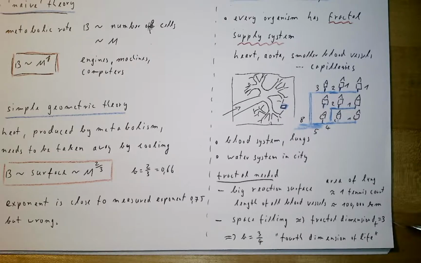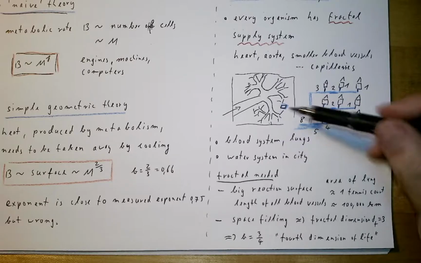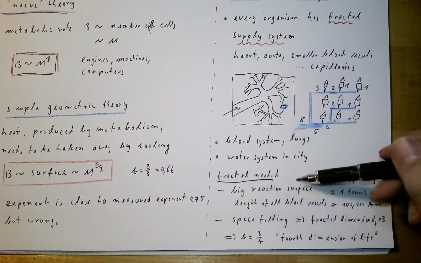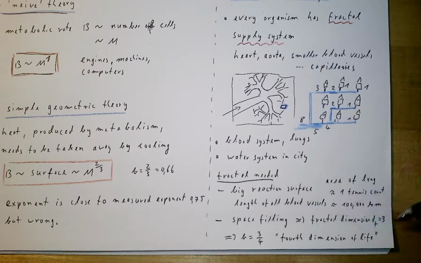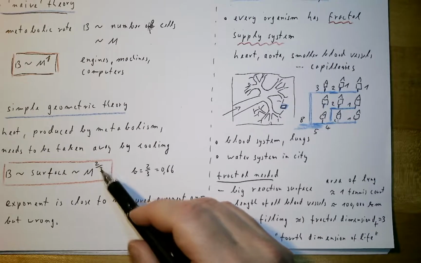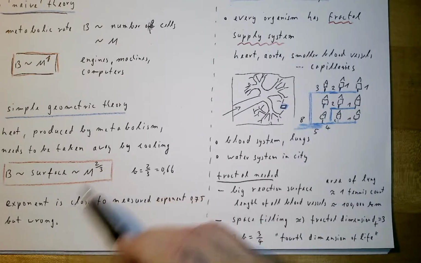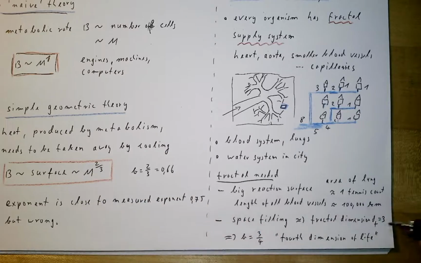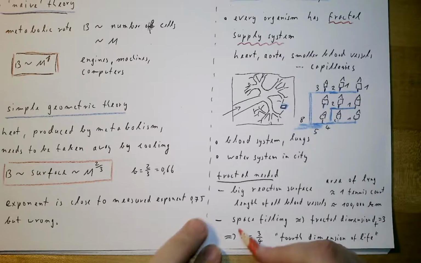So in a nutshell, the whole theory would say, okay, since we have a fractal, the effective surface needs to be of fractal dimension 3, and then we replace our normal scaling of surface to volume, 2 to 3, by a scaling of 3/4, and that would explain this metabolic theory.